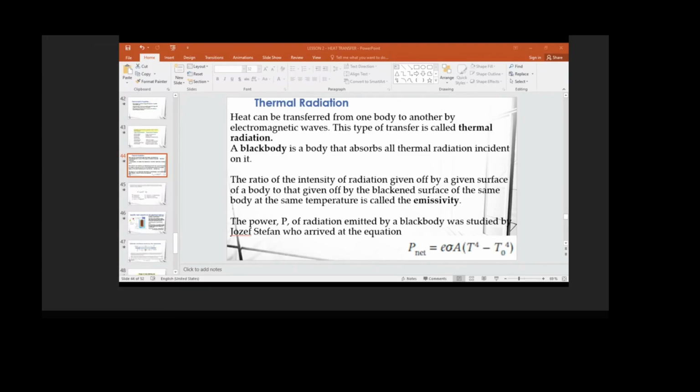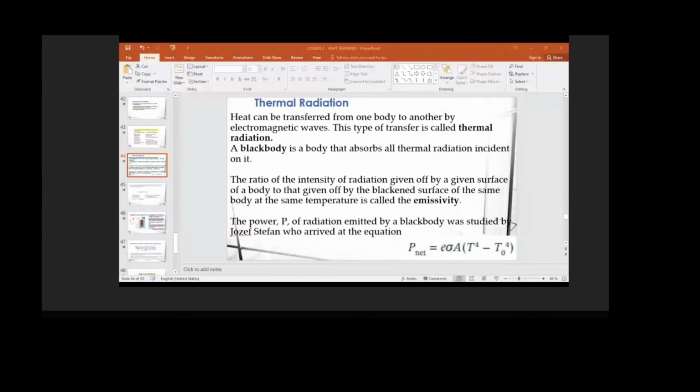So the ratio of the intensity of the radiation given off by a given surface of a body to that given off by a blackened surface of the same body at the same temperature is called emissivity. Right? So emissivity is basically the ratio of the intensity of light that is incident onto an object in comparison to if the object was a black body, which would absorb all of that. What is the ratio between those two?